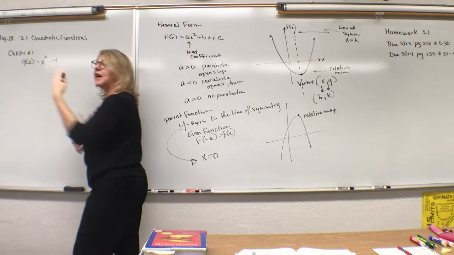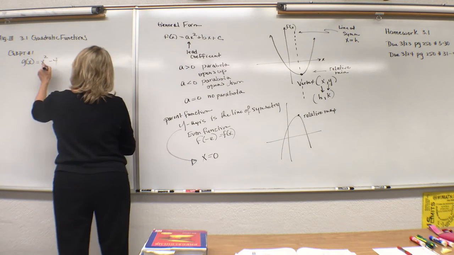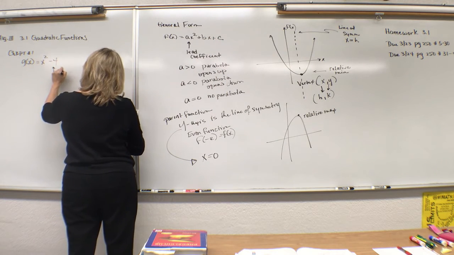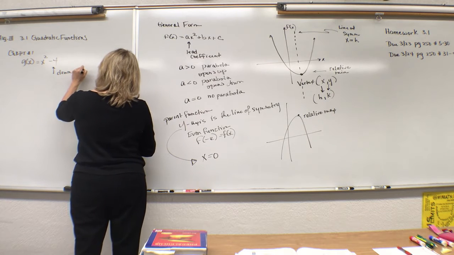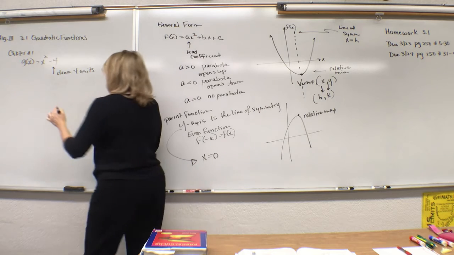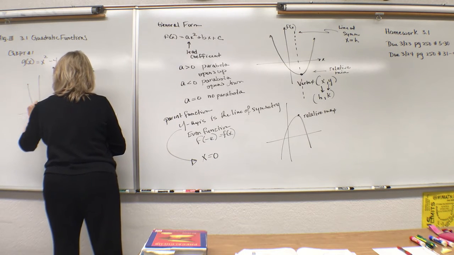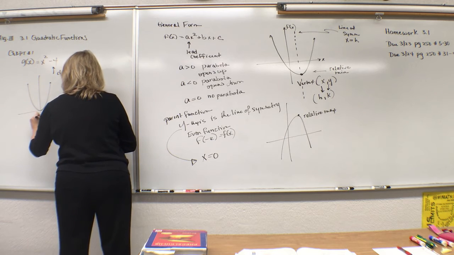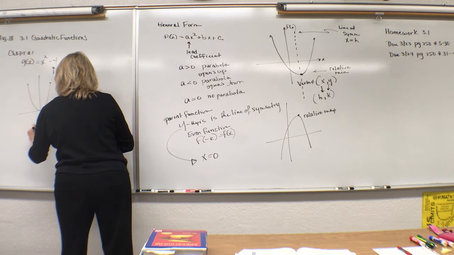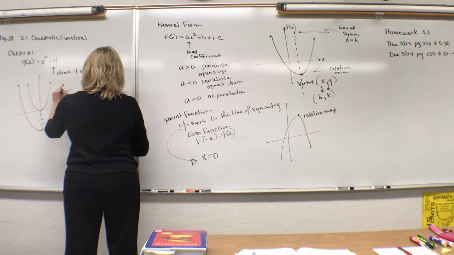Well, again, this is the quadratic function, and we know it because it has a degree of 2. It has a separate term, which indicates we're going down 4 units. Down 4 units. You will notice that the parent function was here. If we drop down 4 units, the new function g of x is here.